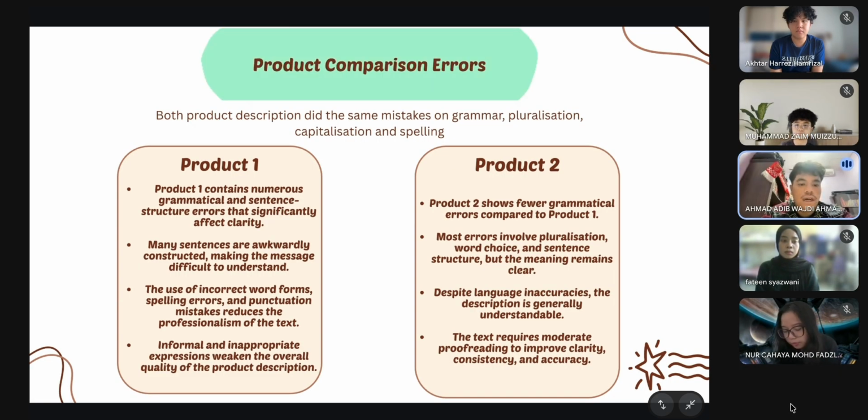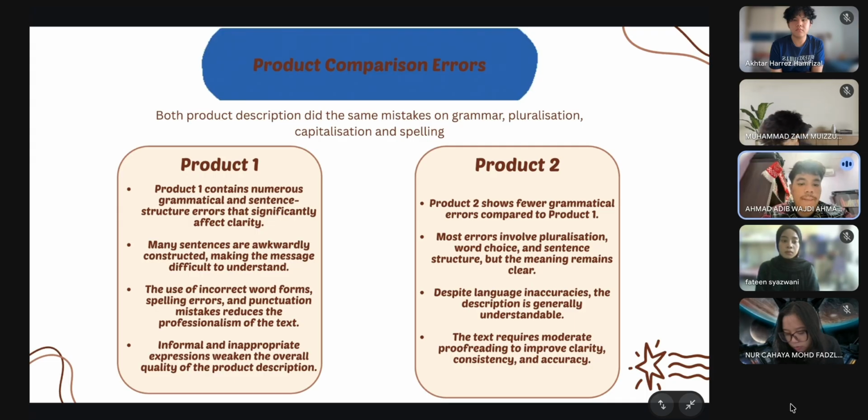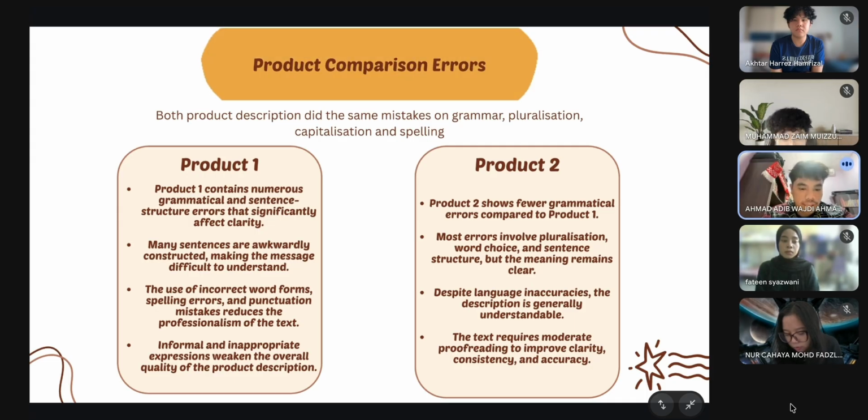Many sentences are awkwardly constructed, making the message difficult to understand. The use of incorrect word forms, spelling errors, and punctuation mistakes reduces the professionalism of the text, and informal and inappropriate expressions weaken the overall quality of the product descriptions.